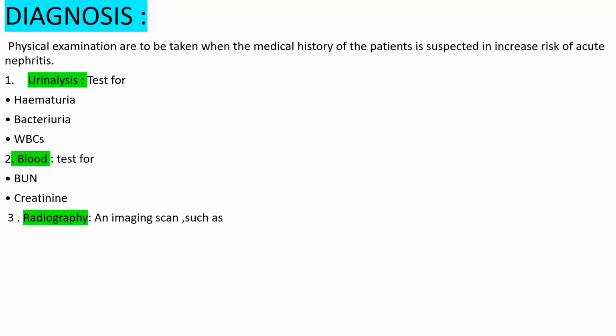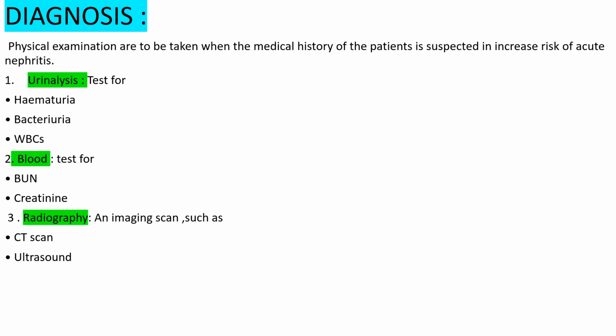So next is radiography. This radiography is an imaging scan, such as a CT scan. Srijana, what was the full form of CT scan? Ma'am, computed tomography. Okay, computed tomography, CT scan is done, and then ultrasonography is done.